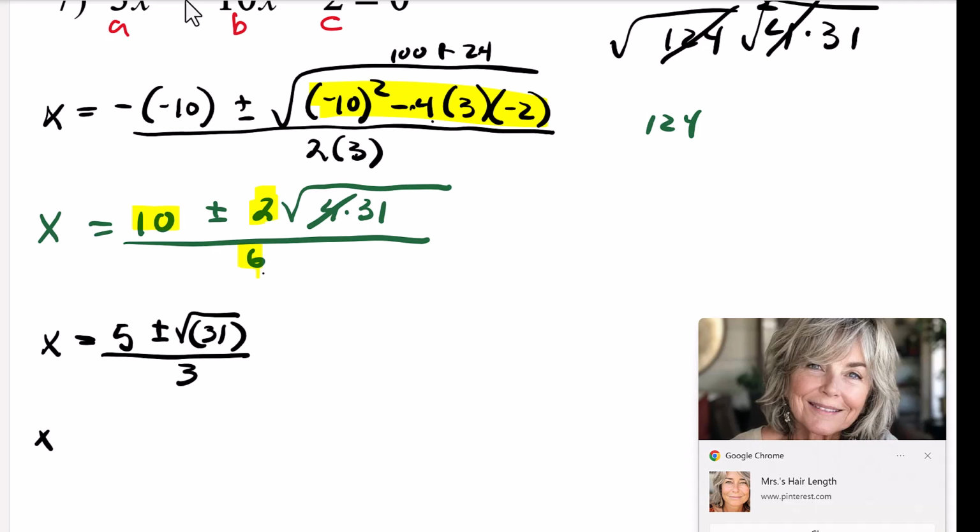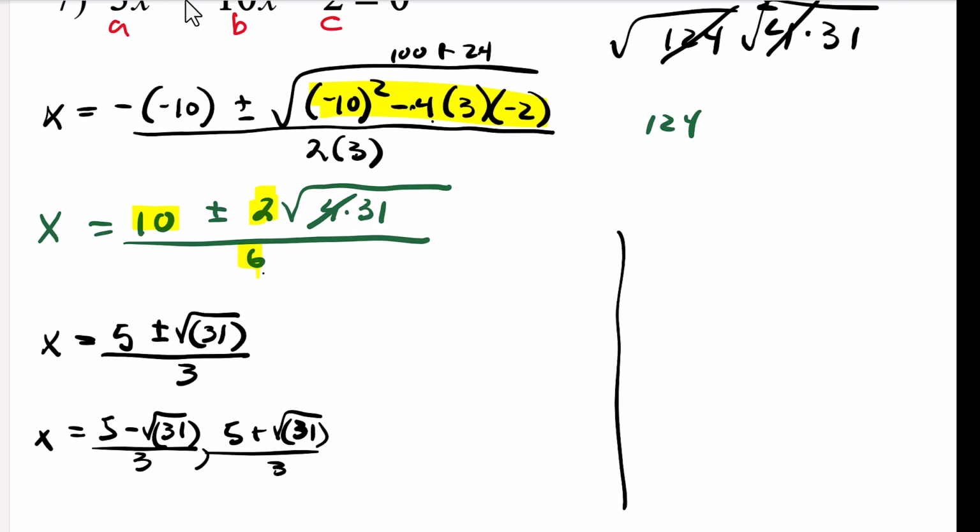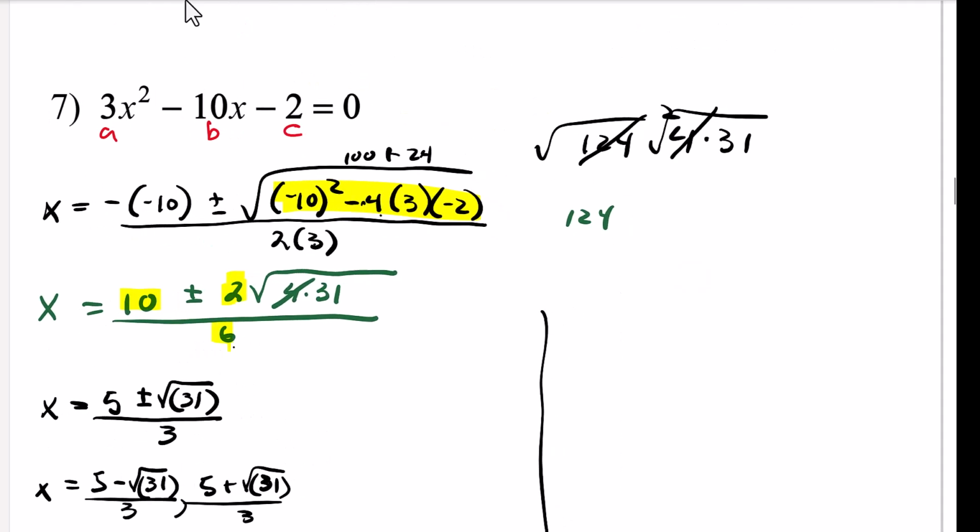So x is equal to 5 subtract root 31 over 3, and 5 plus root 31 over 3. You go to graph it. It's going to touch on the y-axis negative 2.